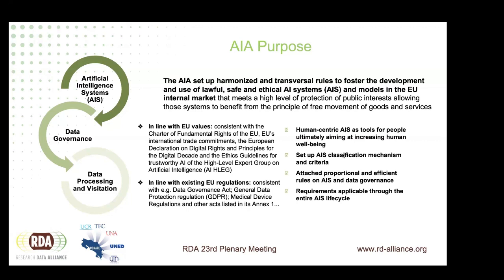This includes the protection of human rights, but also of democracy, of the rule of law, and environmental protection. And consistent rules with other existing EU regulations, such as the GDPR, the General Data Protection Regulation, and the Medical Device Regulation, for example. So the Act adopts a human-centric approach to AI systems.